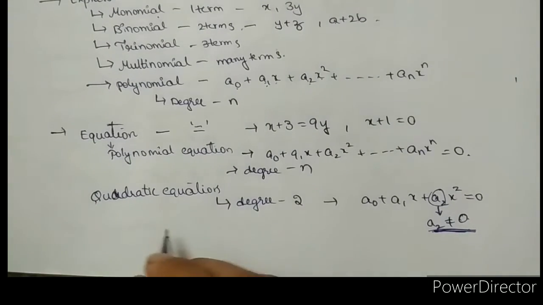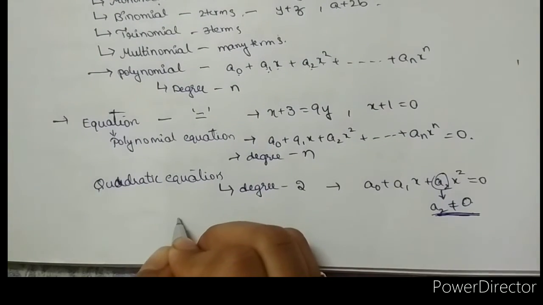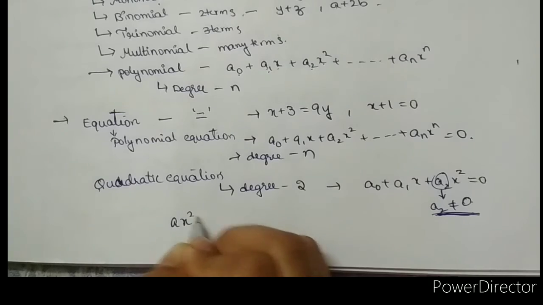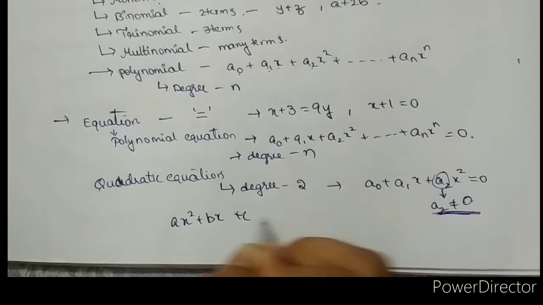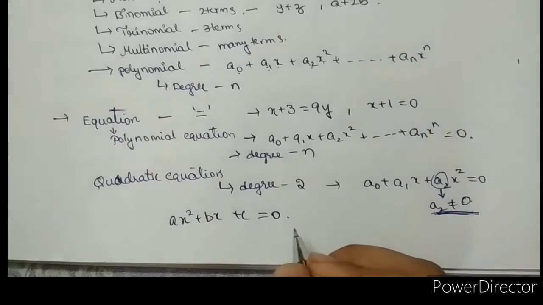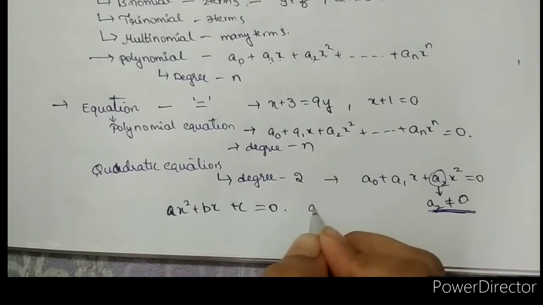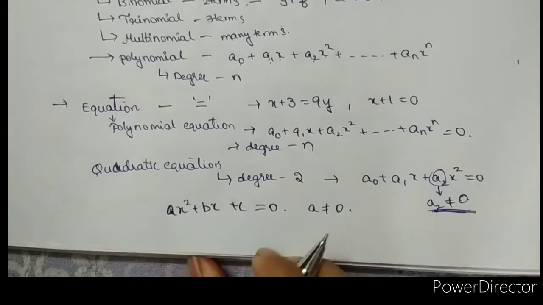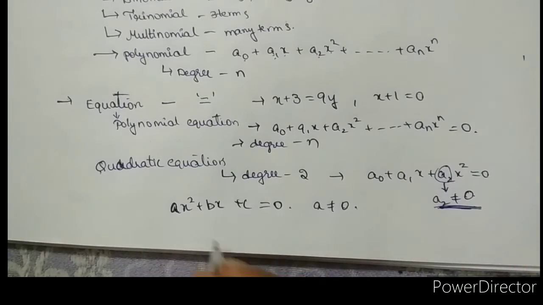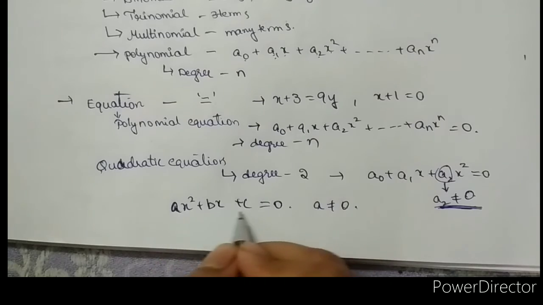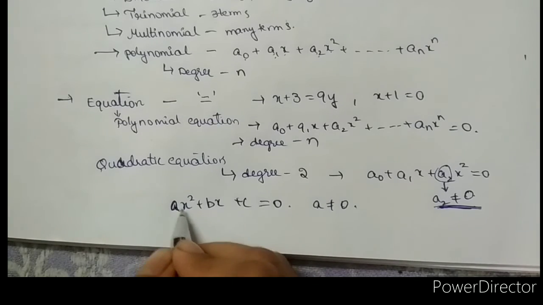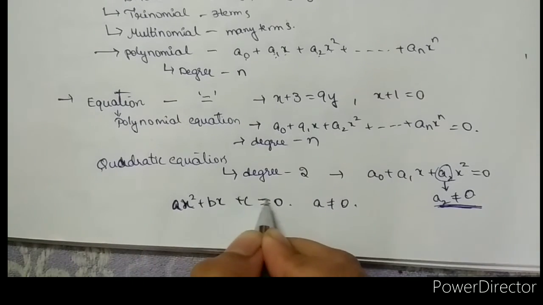So let's make it more simple. We'll write the quadratic equation in the form ax square plus bx plus c is equals to 0. Here the main condition is that a is not equals to 0. We have written this equation as equals to 0, right?